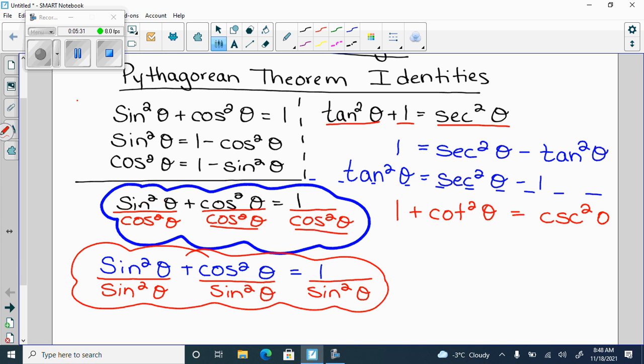Squared theta. So that's the third one on your formula sheet. You don't have to show how you get them. I'm just proving a point that the first one is the unit circle, and then it's just varying ways of the unit circle.